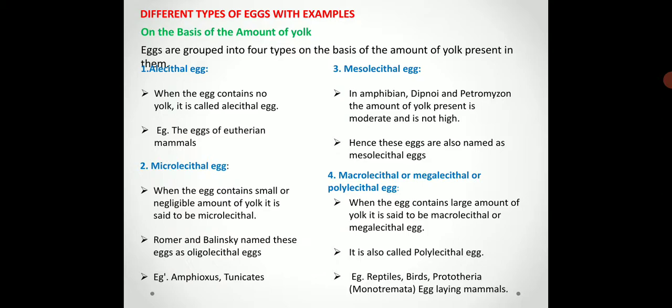The word itself has its meaning. When the egg contains a large amount of yolk, it is said to be macro or mega, or also called polylecithal egg, and this type you can find in reptiles, birds, and prototheria, that is, egg laying mammals.